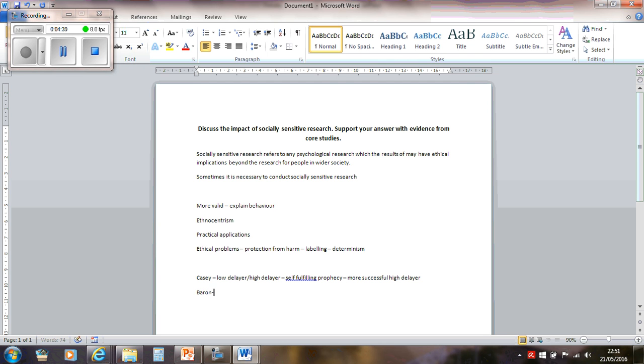Baron Cohen. So like no clear lack of theory of mind, which means that you might be just because you have autism. It's suggesting that you can't communicate socially when in actual fact it might just be the people in that study. It's testing everybody with autism.